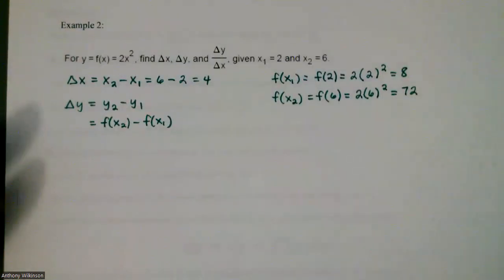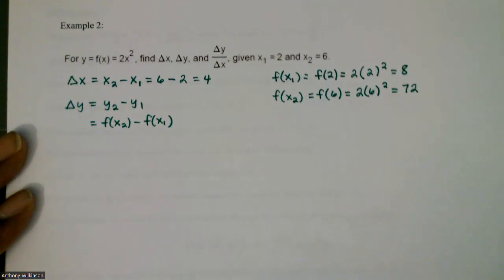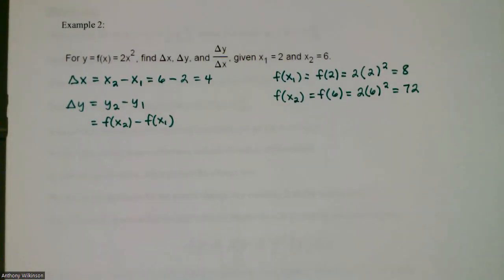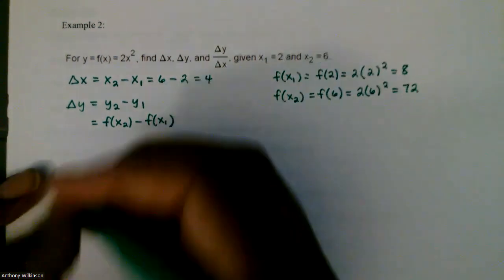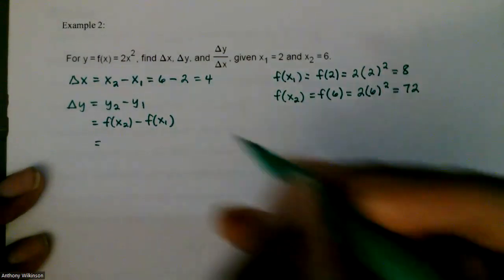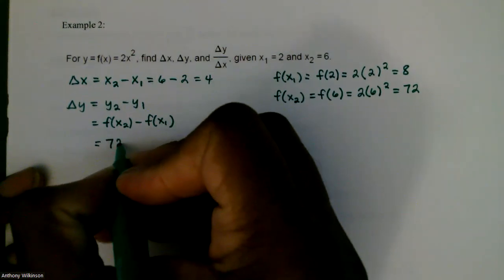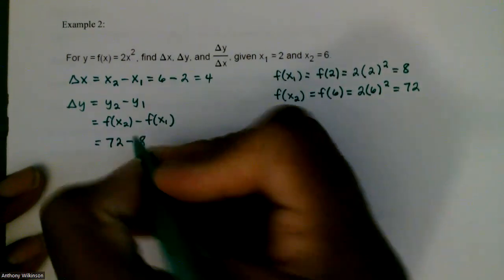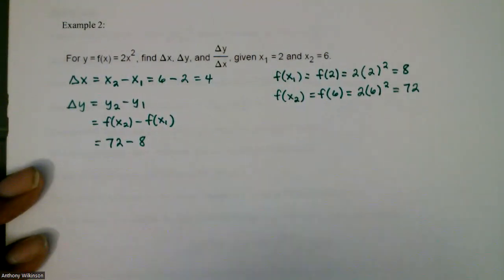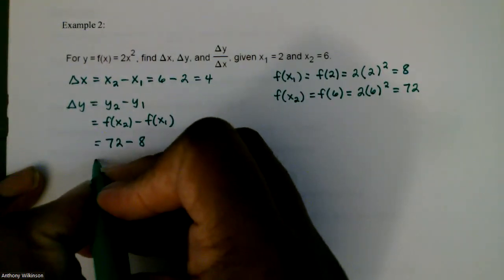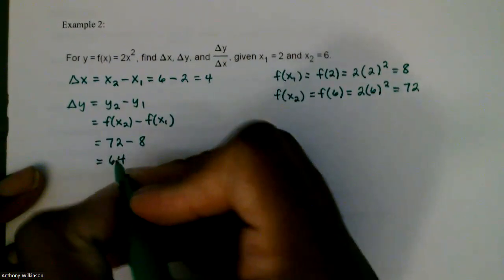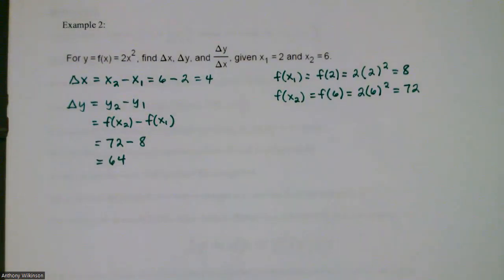All right, so now we can find out what f of x2 minus f of x1 is. That's the change in y. So f of x2 came out to be 72 minus f of x1, that came out to be 8. So 72 minus 8 will give me 64. So the change in y, or delta y, will be 64.